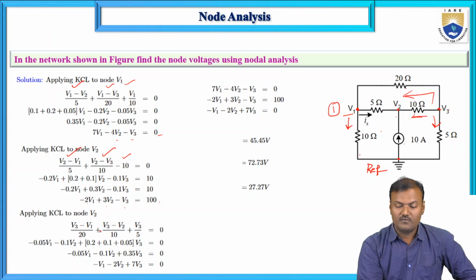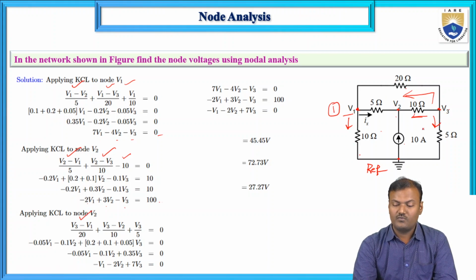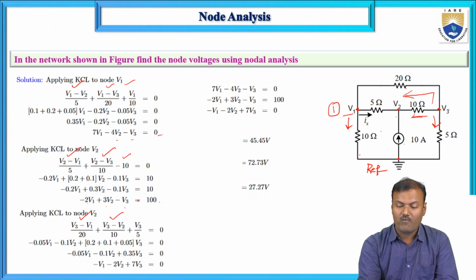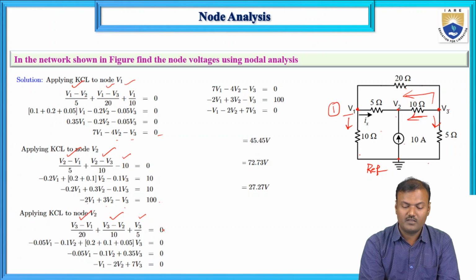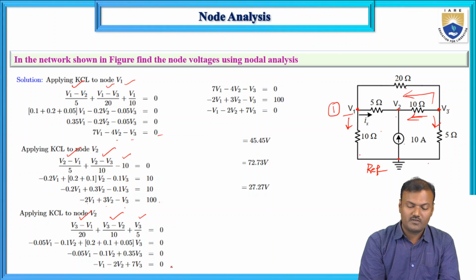So (V3 minus V1) divided by 20 and (V3 minus V2) divided by 10, plus the current flowing from node 3 to the reference node, V3 divided by 5, is equal to 0. Simplifying this equation, we obtain minus V1 minus 2V2 plus 7V3 is equal to 0.